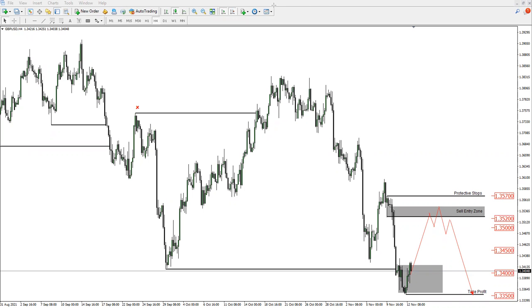If we get anything that supports it as time to sell, then we can sell, targeting this low, initially at 133,500. For even a better move, if they don't give us a sell entry in here, let them trade up in this zone. As they trade in that zone, what is above here? We have buy side liquidity.